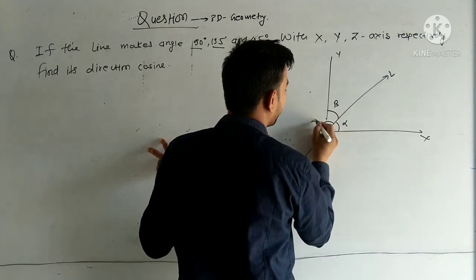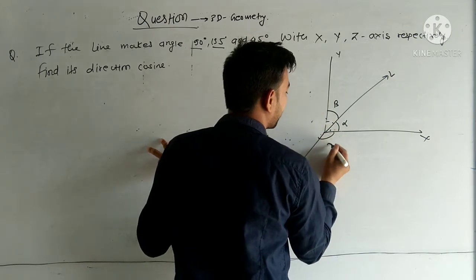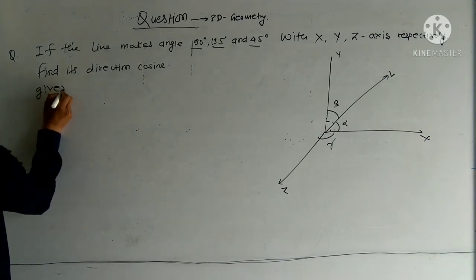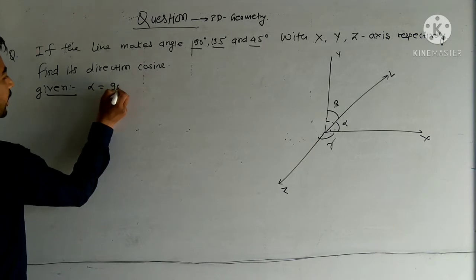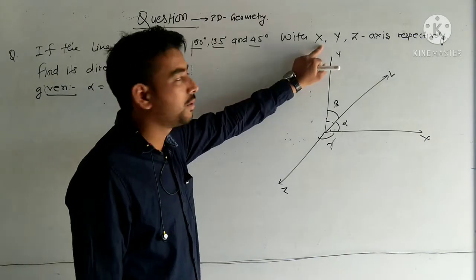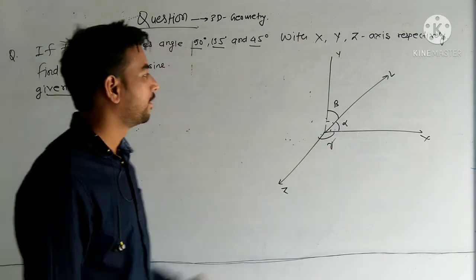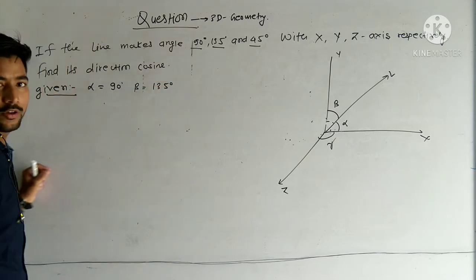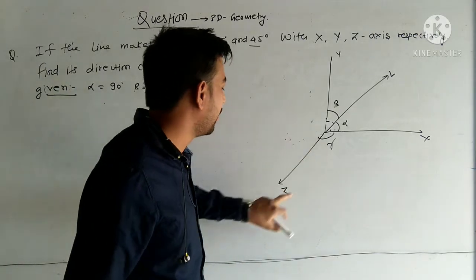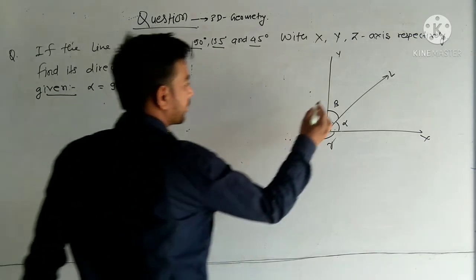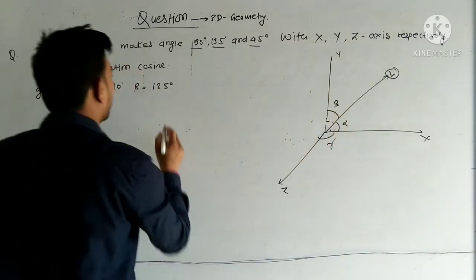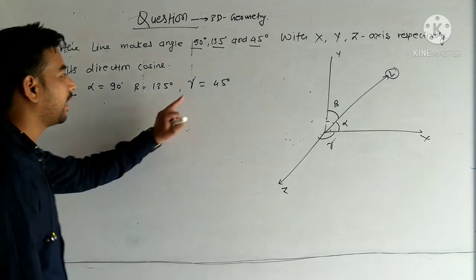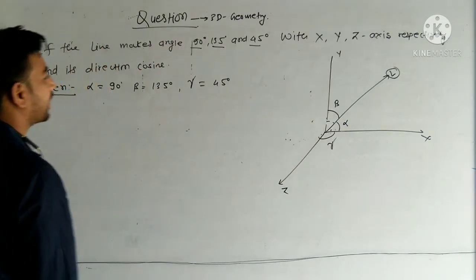In the question, alpha equals 90 degrees, because the angle made with the x axis is represented by alpha. Beta equals 135 degrees, the angle with the y axis, and gamma is given as 45 degrees, the angle made with the z axis.